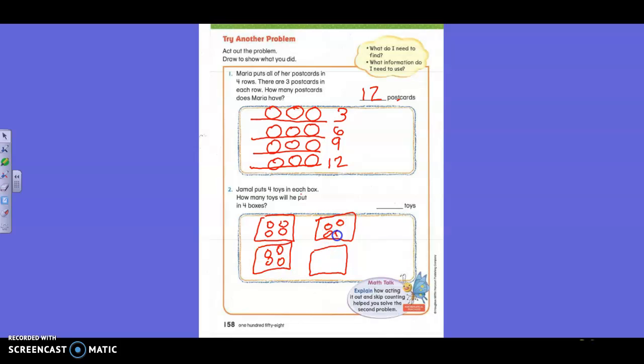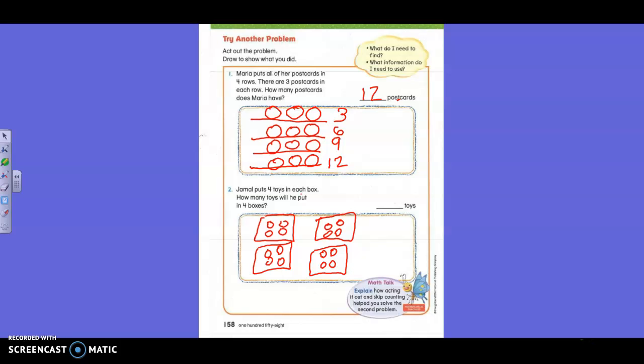Does that make sense? Because he said he puts 4 toys in the boxes, and then he said there's 4 boxes. So you have to put 4 toys in each of the 4 boxes. Now, what are we skip counting by this time, boys and girls? 4s.